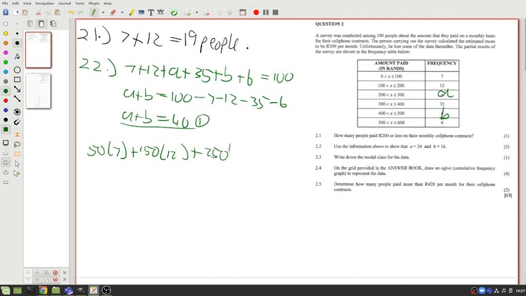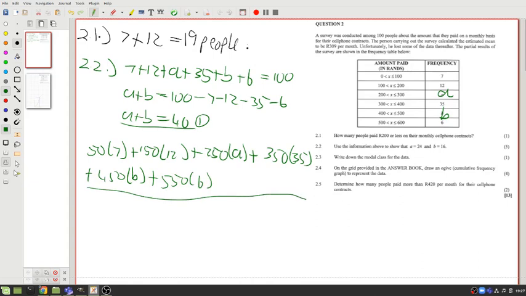We can see this pattern continues, multiplied by A, plus 350 multiplied by 35, plus 450 multiplied by B, and finally 550 multiplied by 6. All of that divided by our total frequency, which is 100, gives us an answer of 309.